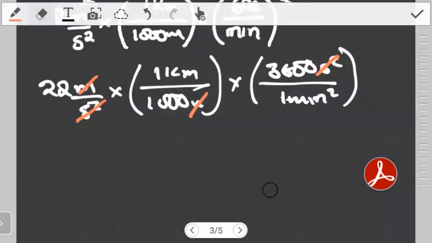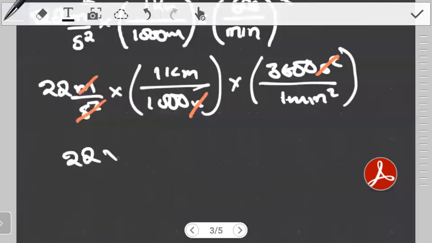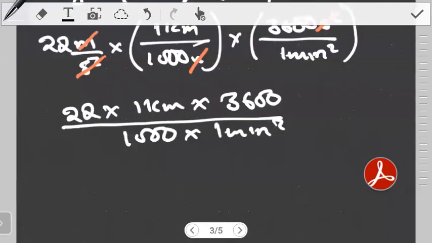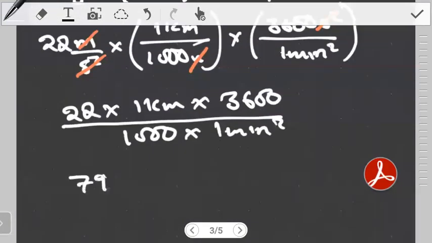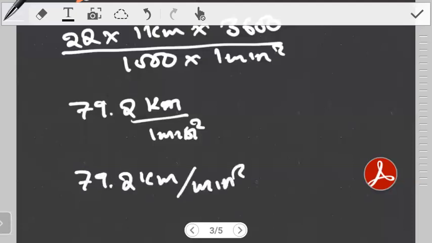What remains is 2 multiplying 1 kilometer here, multiplying 3,600 over in the denominator, it's just 1,000, multiplying the minute squared. If you simplify this, you're going to get 79.2 kilometers over the minute squared. But of course, this is just 79.2 kilometers per minute squared.